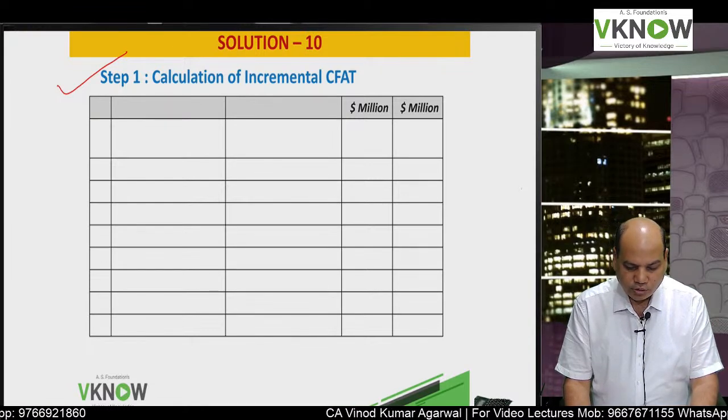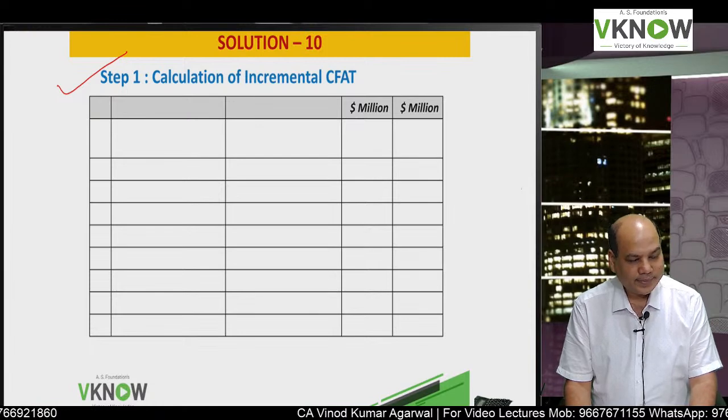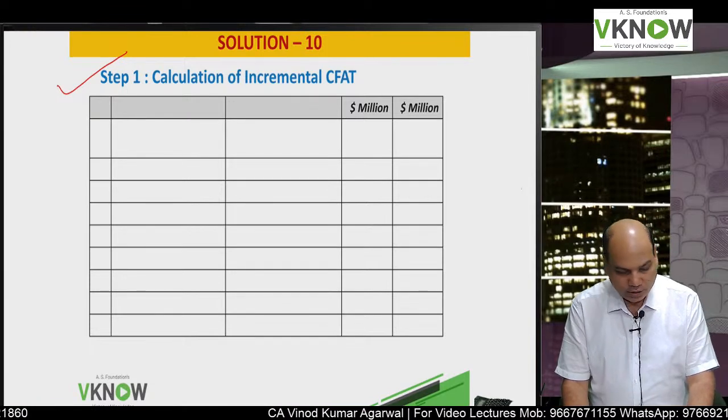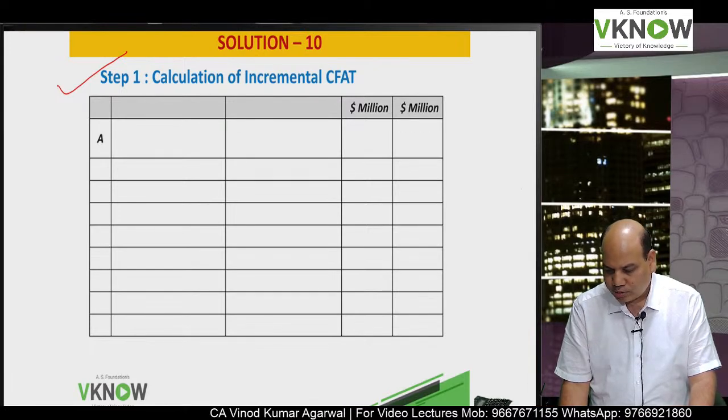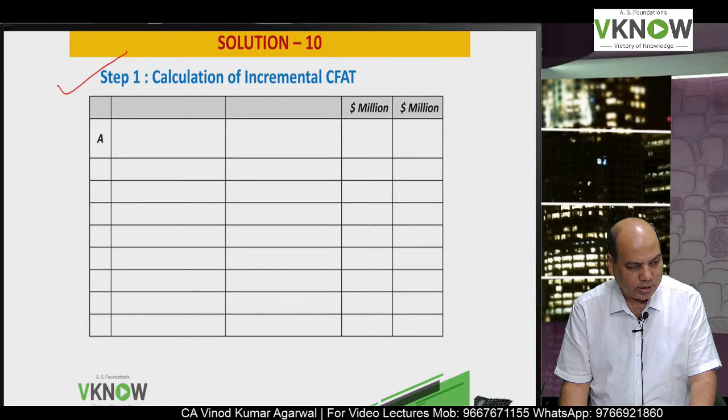Is my voice audible now clearly? Calculation of incremental CFAT. Right hand side, two columns, $million, $million.